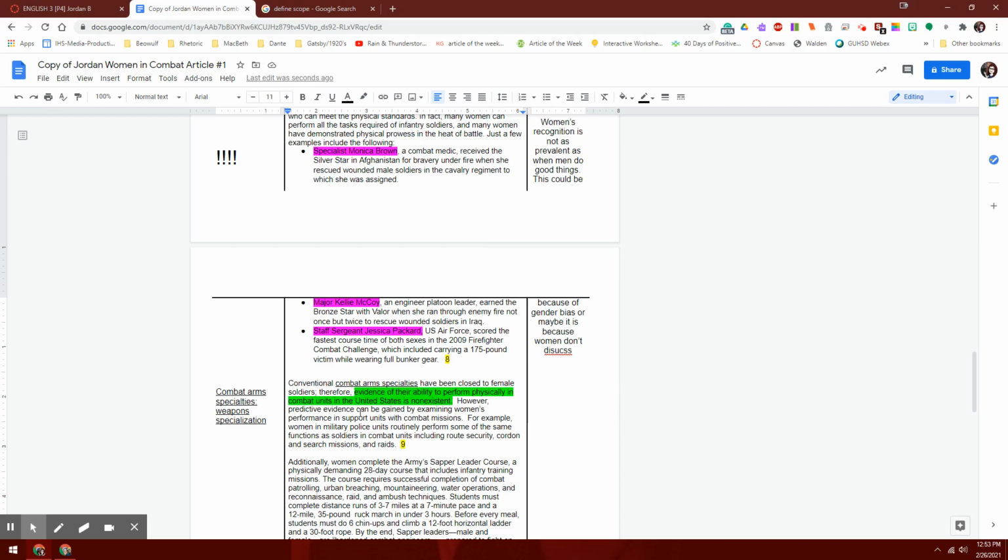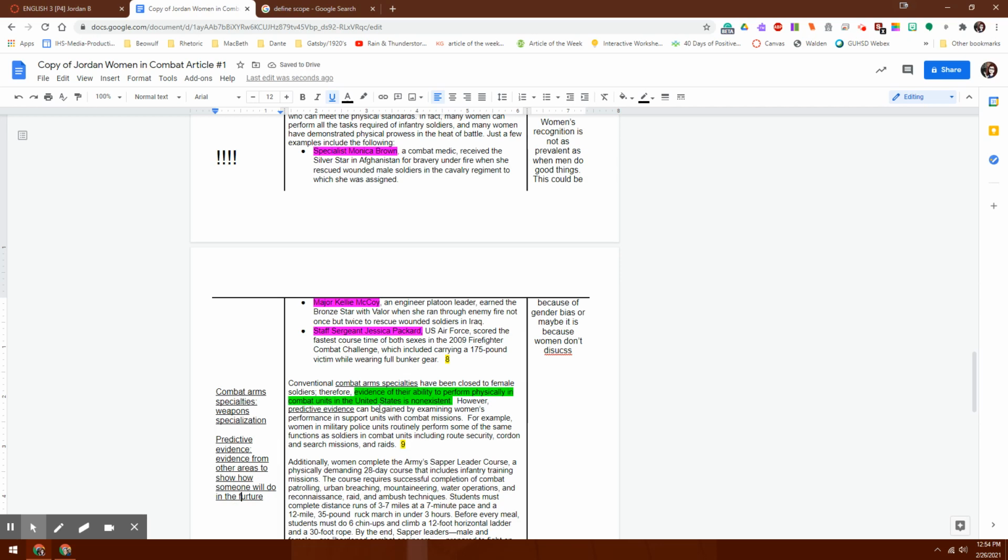But that's okay, because the very next sentence says we have this idea of predictive evidence. So I'm going to underline this, and I'm just going to hypothesize again. Predictive evidence, well, if we're predicting something, we're using evidence from other areas to show how something is going to do later. We're predicting because we got evidence from over here. So this is how we're going to show how people are going to do it in the future.